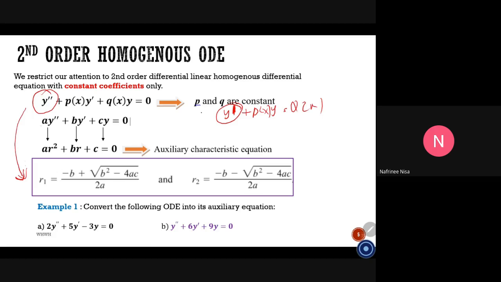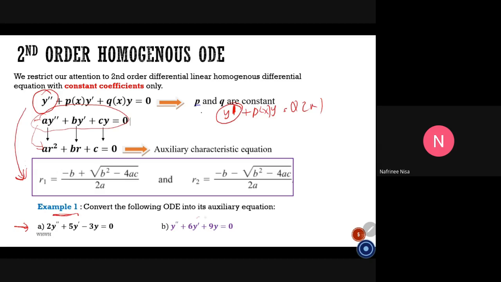By now, I assume all of you dah tahu macam mana nak convert this differential equation into its auxiliary equation. Kan? And then, if I'm not mistaken, dalam asynchronous lecture tu, I stopped at this example 1.